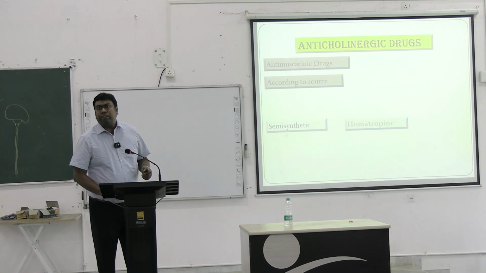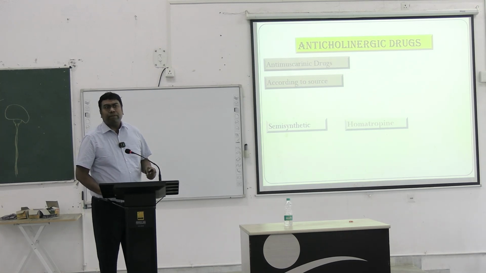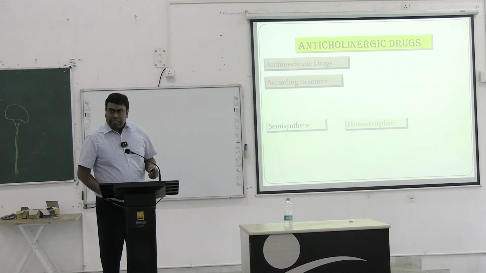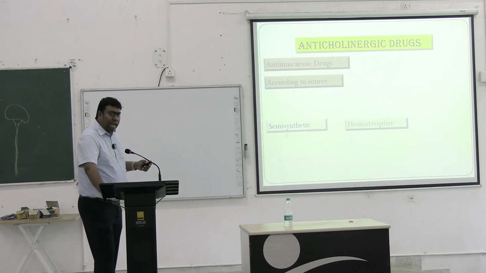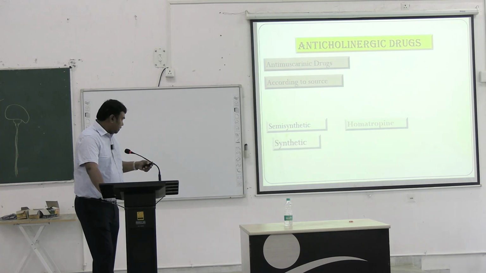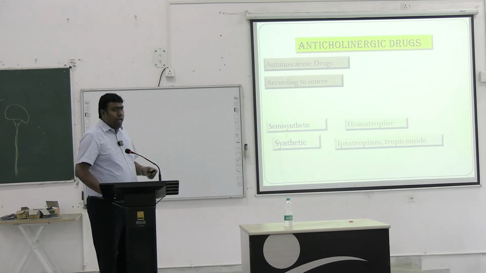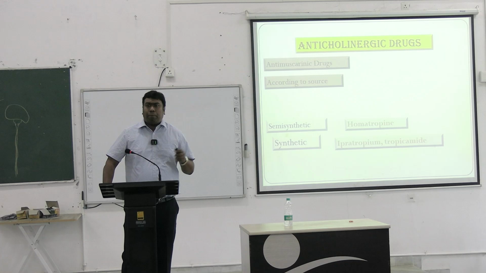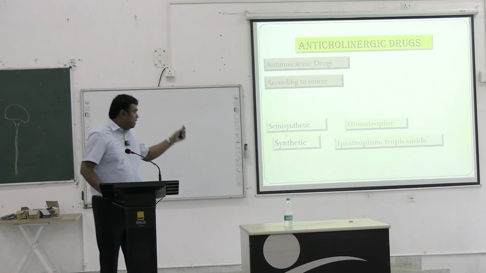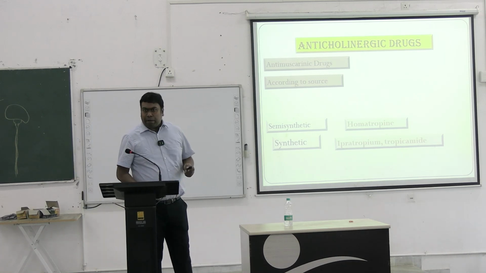Homatropine is a semi-synthetic drug used in the eye as a topical agent. And synthetic: ipratropium, tiotropium, tropicamide. Where is ipratropium used?